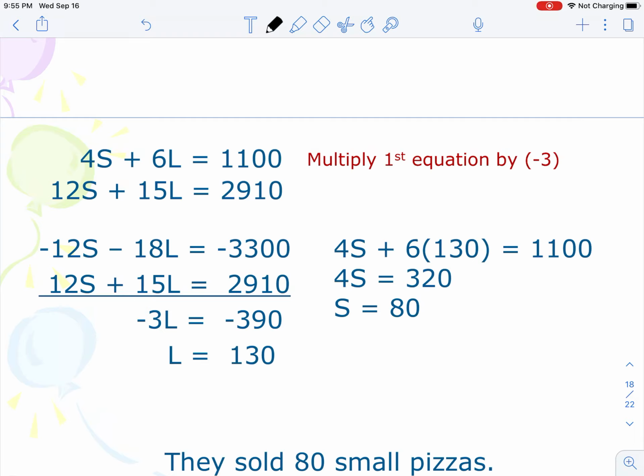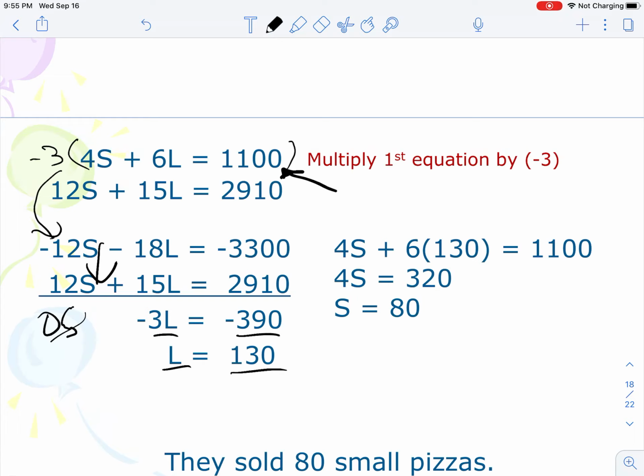Looks like if we multiplied the top equation by 3, and let's make it a -3, this is what we would get down there. I add, get rid of the s's, they're gone because it's 0s, and I just end up with this, and I find out that L equals 130. I put L equaling 130 back into one of the equations.